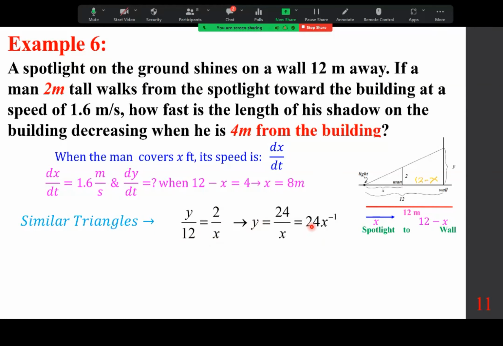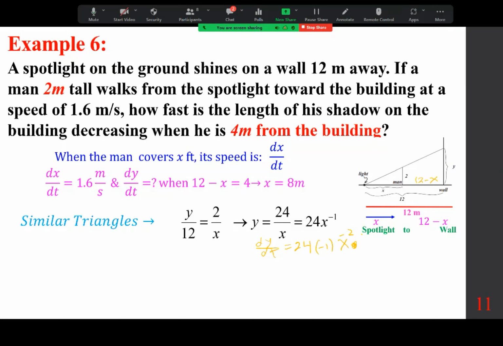So if I want dy dt, it is 24 times -1 times x to the power of -2.